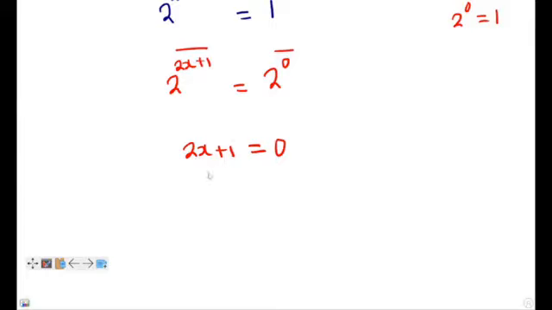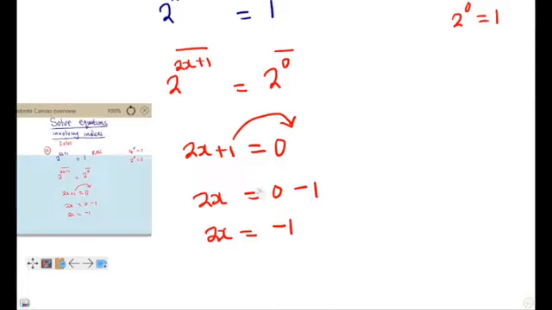Now we solve the equation by taking this positive 1 to the right hand side. So I'm going to have 2x is equal to 0 minus 1. Here 1 was positive; when it goes to the right hand side, it becomes negative. So I have 2x is equal to negative 1.